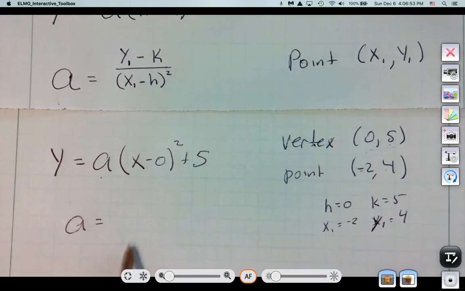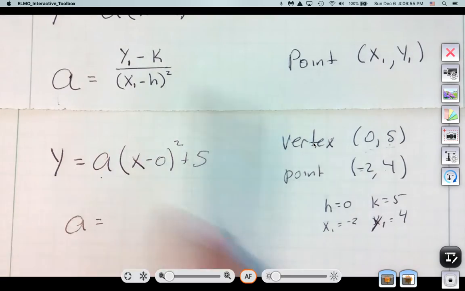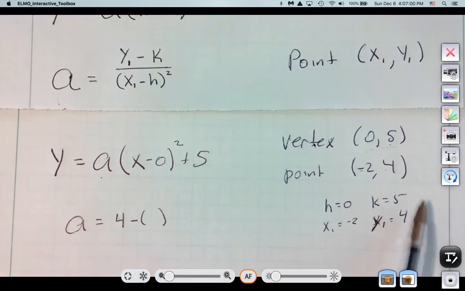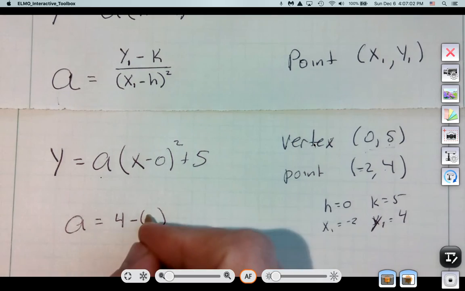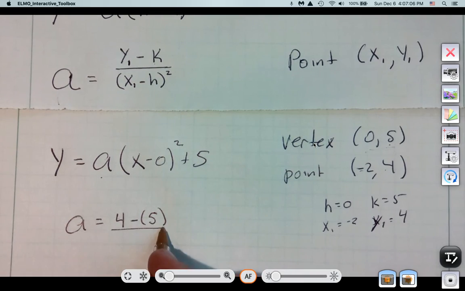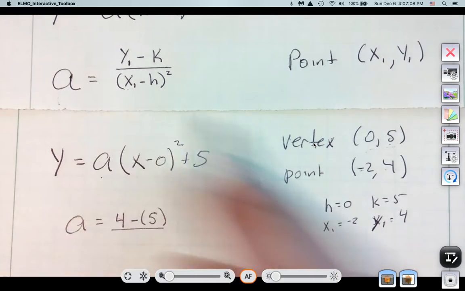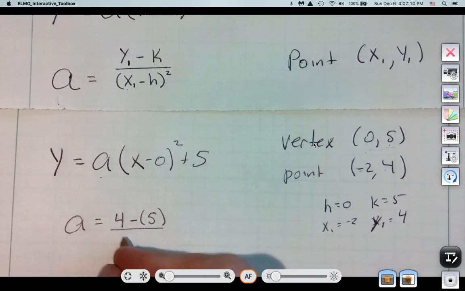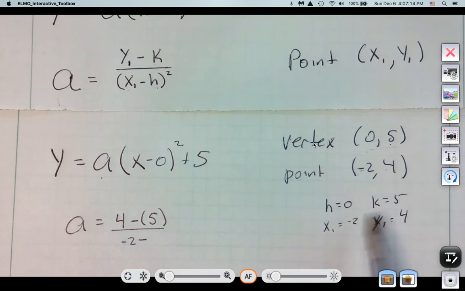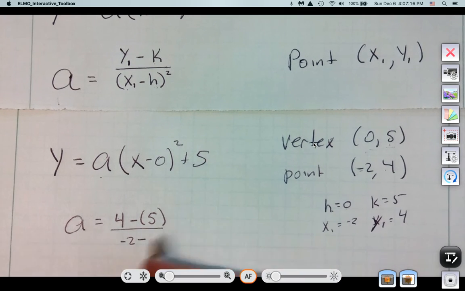a equals, I'm going to take my y1 value, which is 4. I'm going to minus off my k value, which is 5. K value, I put it in parentheses in case it was a negative, divided by my x1 value, which is -2, minusing off my h value, or my horizontal shift, which is 0.